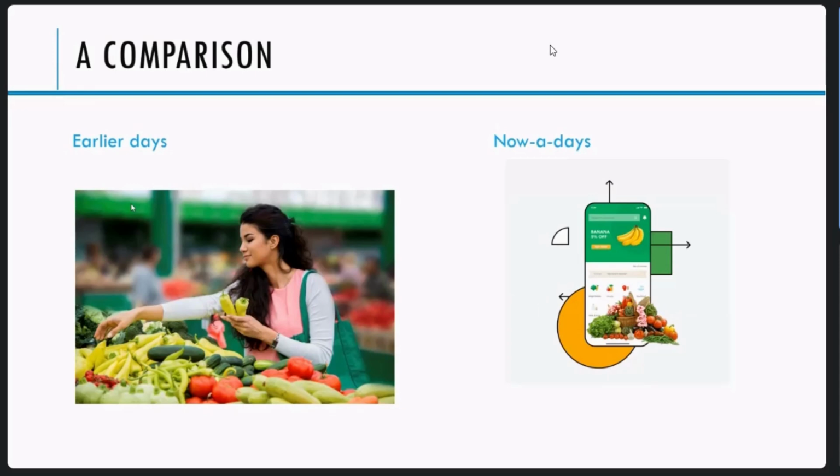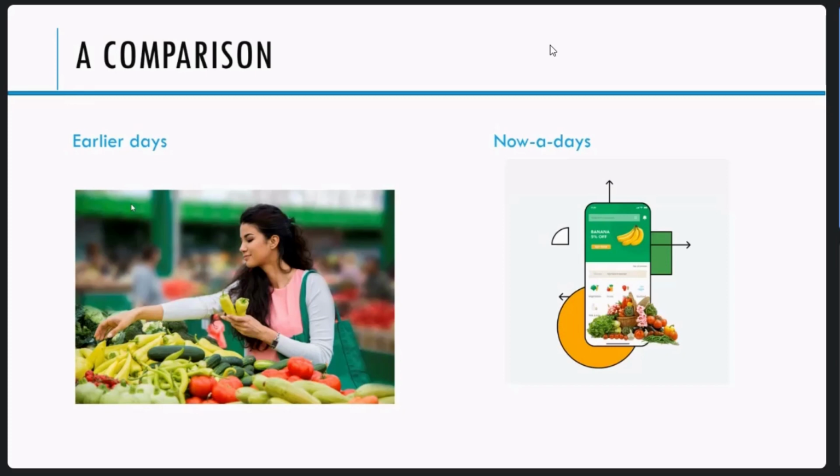I have shown you a comparison of earlier days and nowadays. In earlier days, when you needed a particular thing, you needed to go to a particular shop, choose your item, make payment, and carry it home yourself in your own container. This was happening most of the time in earlier days.